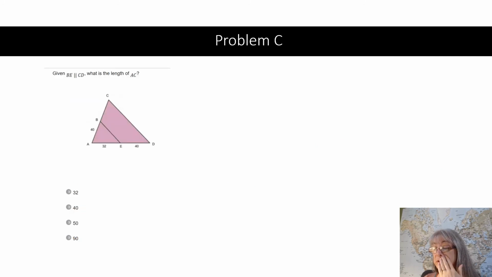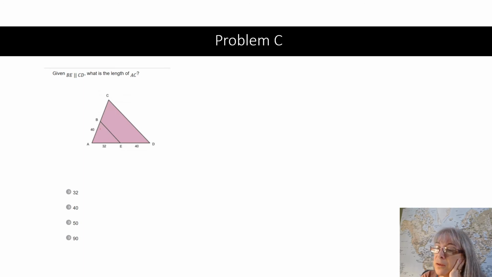All right, here's a great one. This is a triangular similarity problem. And what you have to understand is the ratio. So they're looking at the ratio. Let me make this a little bit bigger. So this is based on this idea of parallel lines.